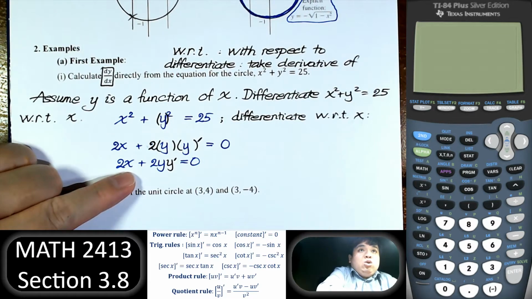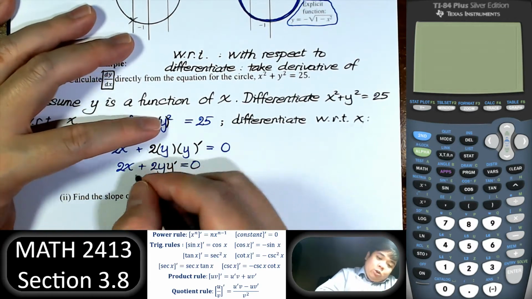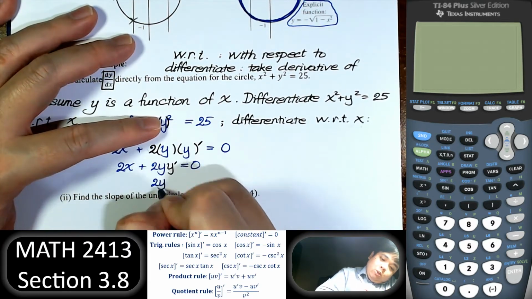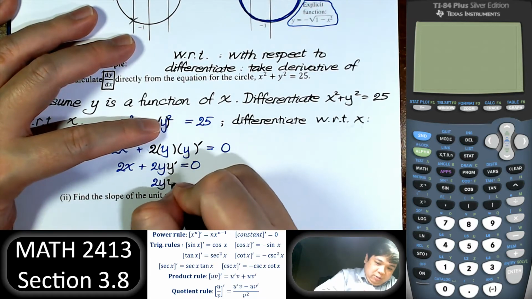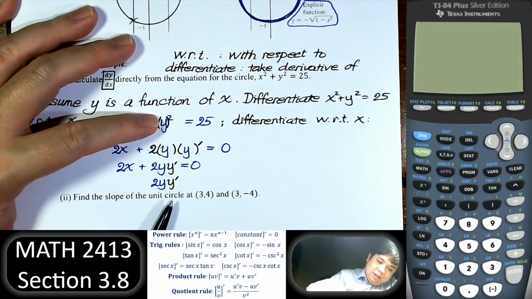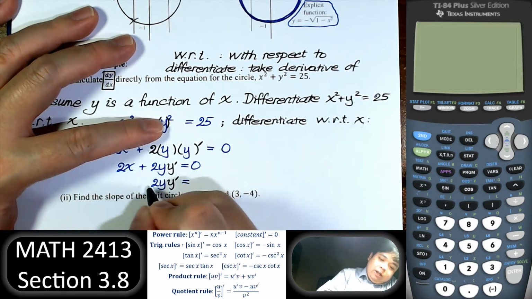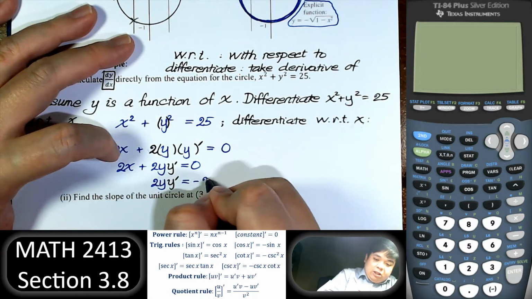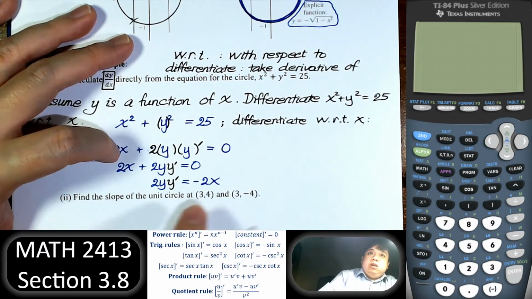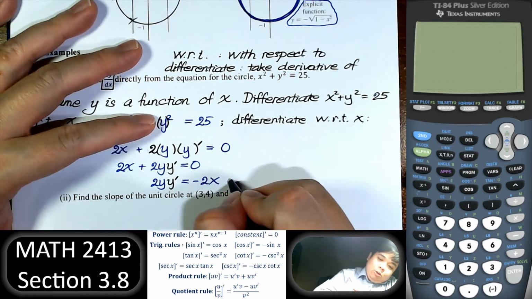Now we just need to solve for y prime. We subtract 2x on the other side, 2y, write y prime here, equal to negative 2x, and finally divide by 2y on both sides.